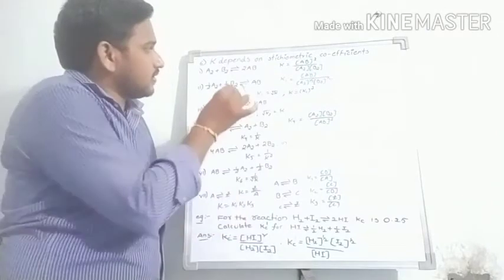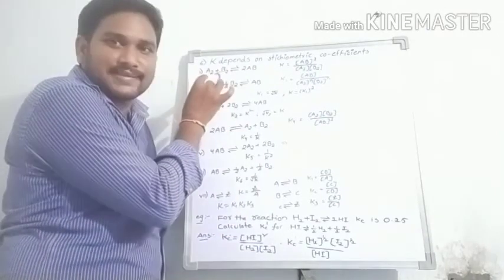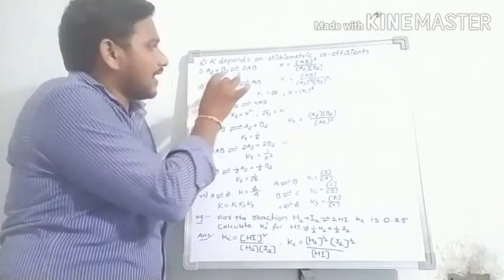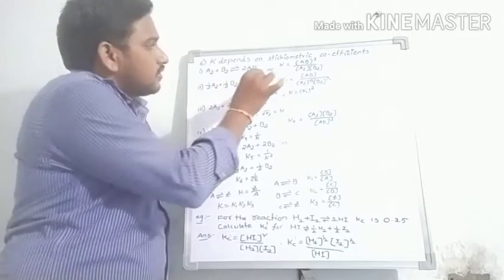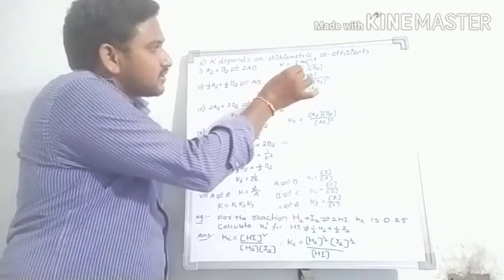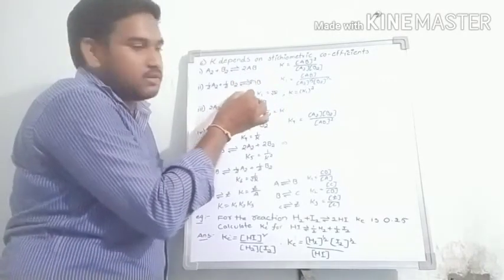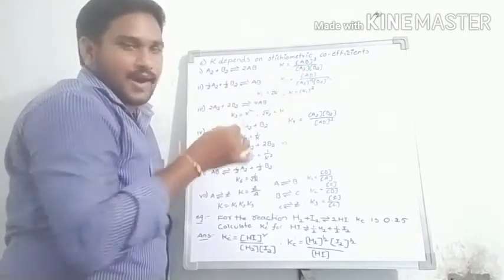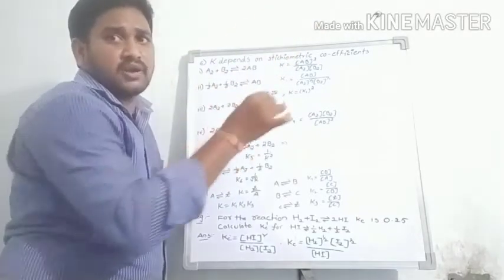In this reaction, A2 and B2 act as the reactants and AB acts as the product. To write K, it is the concentration of the product, AB, with the coefficient raised as a power.